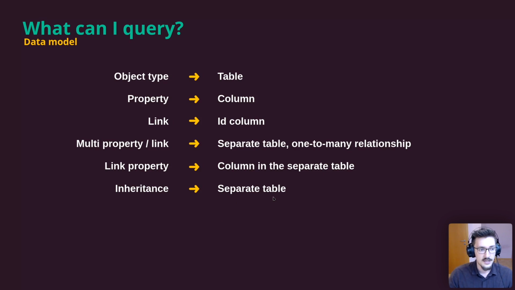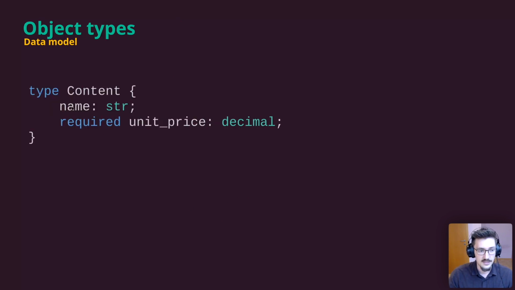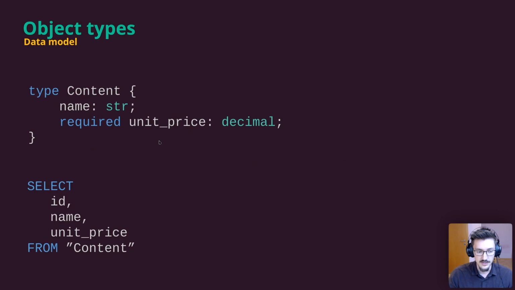If I have a type Content that has name and unit price, you can query this simply by saying select id, name, unit price from Content. First, note the uppercase name here. It is exactly the same as here, and in SQL you need these quotation characters here. And the second thing is note that we have ID here.